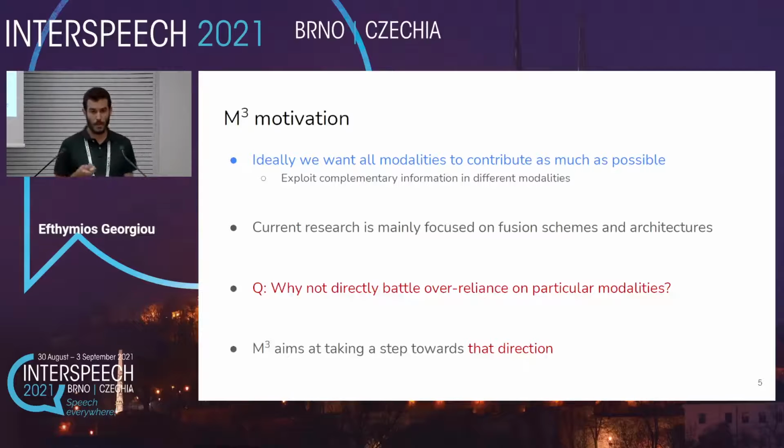So a natural question is, could we use all the available information by directly battling this over-reliance on some more dominant modalities? M3 aims to take a step in that direction by introducing a layer that can be applied to any architecture without any further modifications and without any additional learnable parameters.